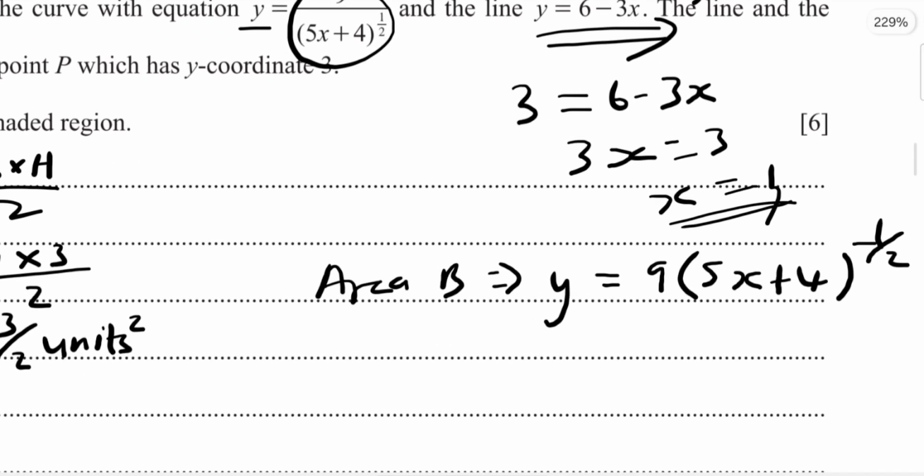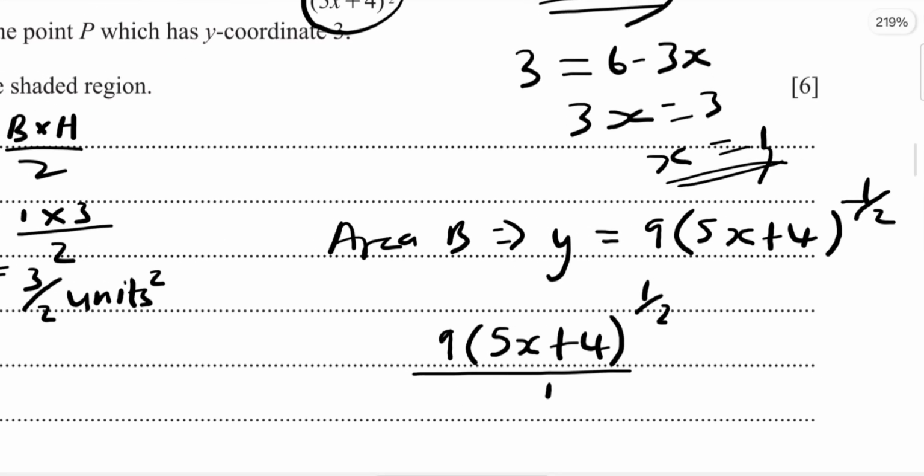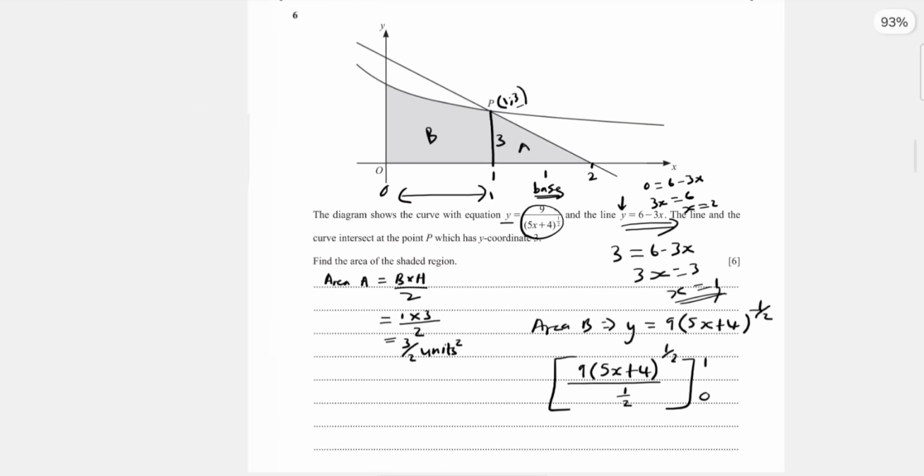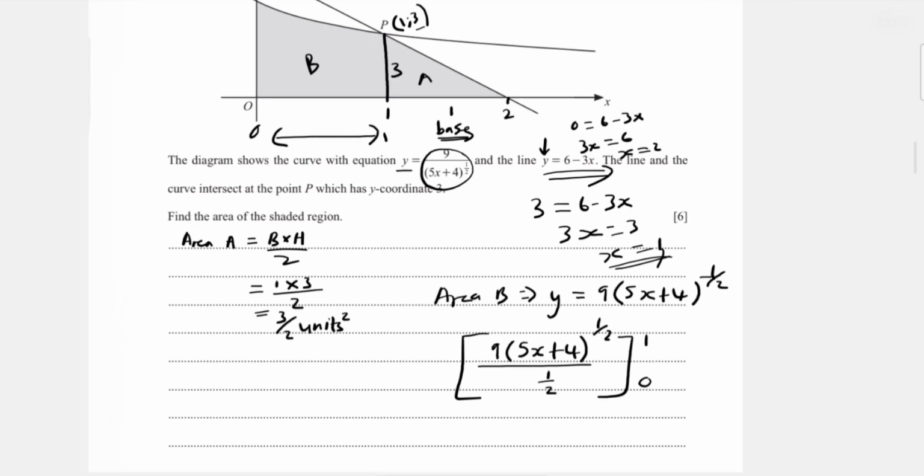So that when we integrate that, we get 9 times (5x plus 4) to the power minus 1, adding 1, it will be half, and dividing by the new power, 1 over 2. And with this now, we use our limits 1 and 0 for part B.